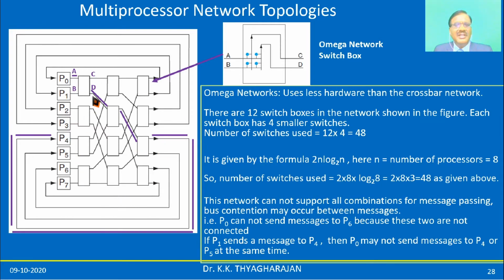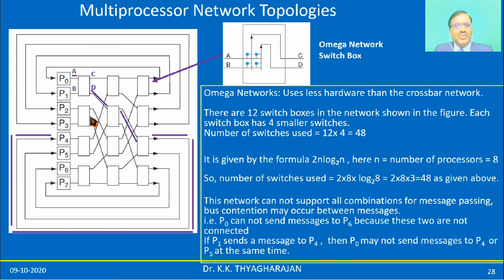Why does this problem arise? If you see these connections, P0, P1 are connected to the first switch box, P2, P3 to the second switch box, P4, P5 are connected to the third switch box, like that. Now, this switch box has two outputs and it can connect only to this switch box and this switch box.